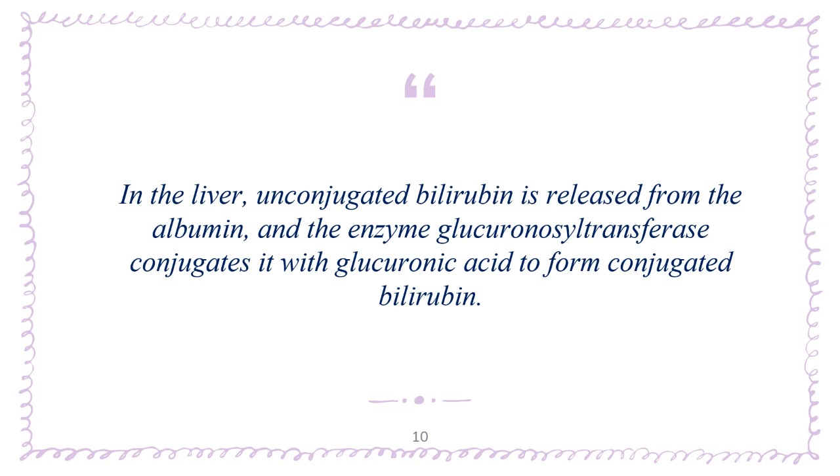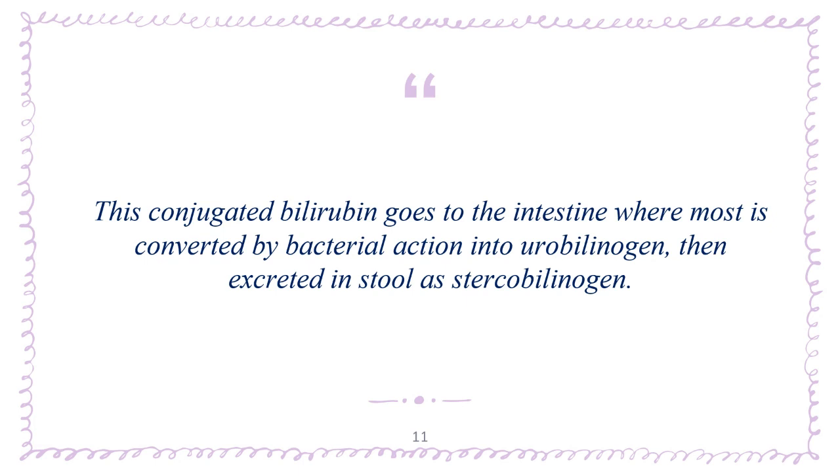So how does unconjugated bilirubin get conjugated, and where does it happen? It happens in the liver. What is responsible for conjugation of bilirubin? It is the enzyme glucuronyl transferase, and it conjugates the unconjugated bilirubin with glucuronic acid, creating the conjugated bilirubin.